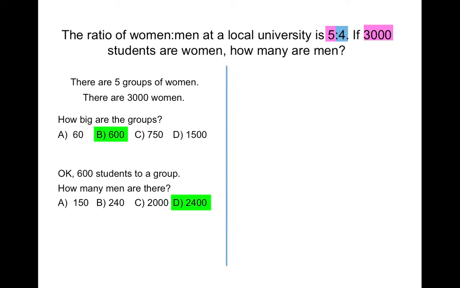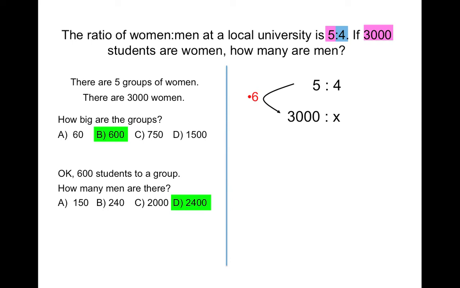We'll look at setting up this problem a different way. Notice that the ratio of 5 to 4 works out to be the same ratio as 3,000 to the thing we want to find. And as we saw in the previous slide, to stay in the same ratio, we're going to multiply each part of the same ratio by the same thing. In this case, multiply it by 6.